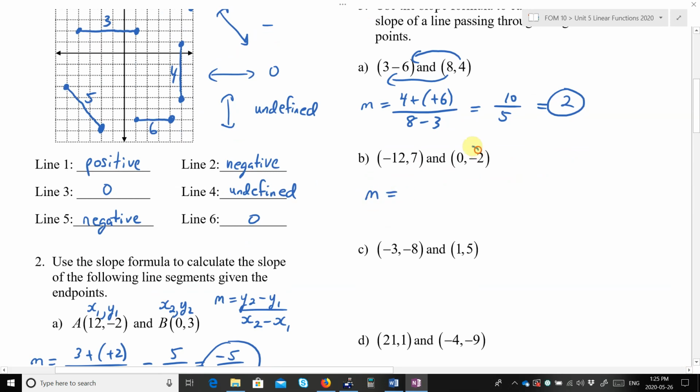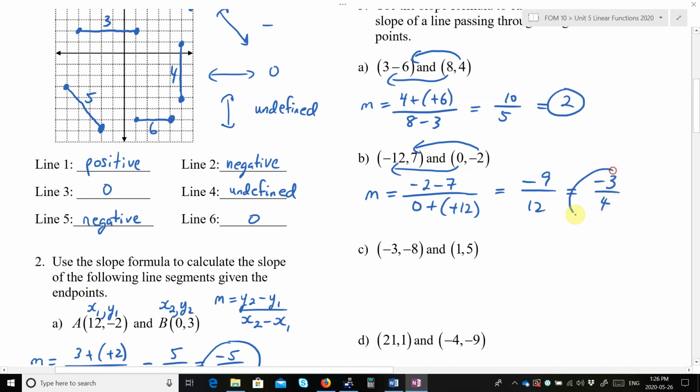Slope is equal to y2 minus y1 over x2 minus x1. So we get negative 9 over 12, and in lowest terms, that's negative 3 over 4.